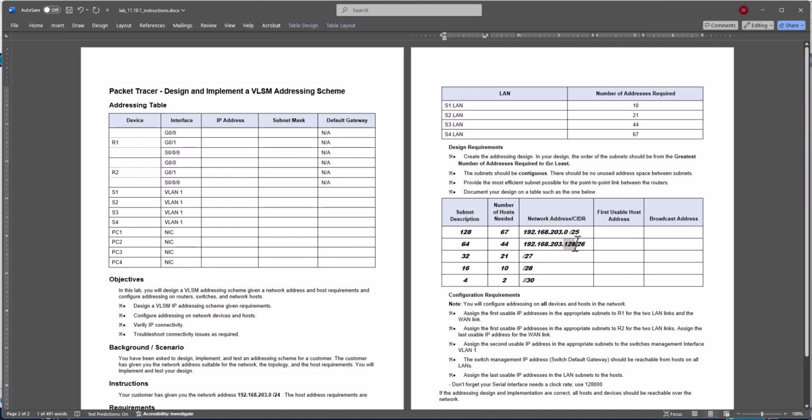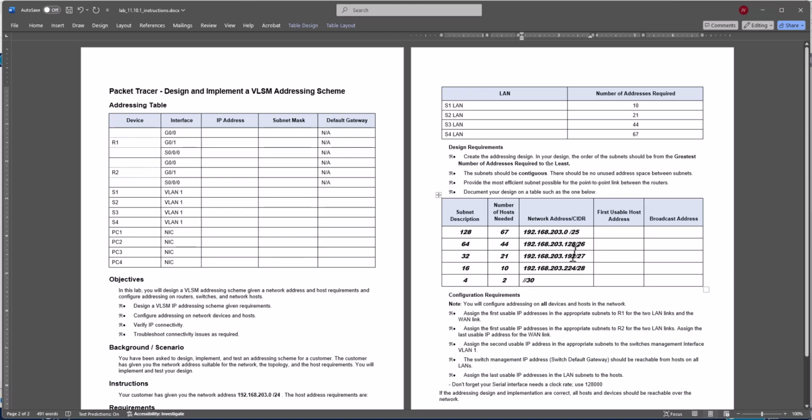So .128 is a valid network when you're counting by cardboard box sizes of 64. If we start at 128 and consume 64 addresses, that goes until 191, which means the next network would be 192. Again, we can verify this by counting by 32s: 0, 32, 64, and onwards, 192 is a valid subnet. If we start at 192 and consume 32 addresses, up until 223, the next network would begin at 224.